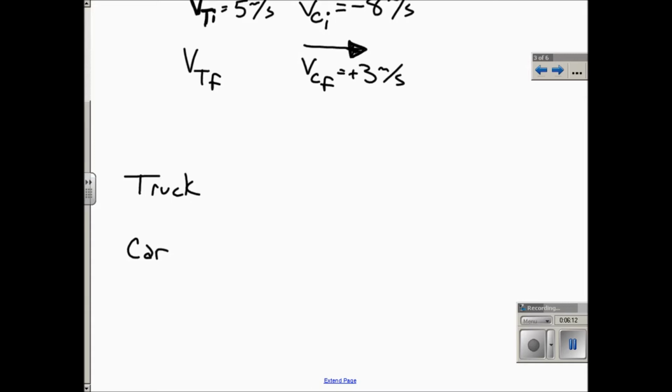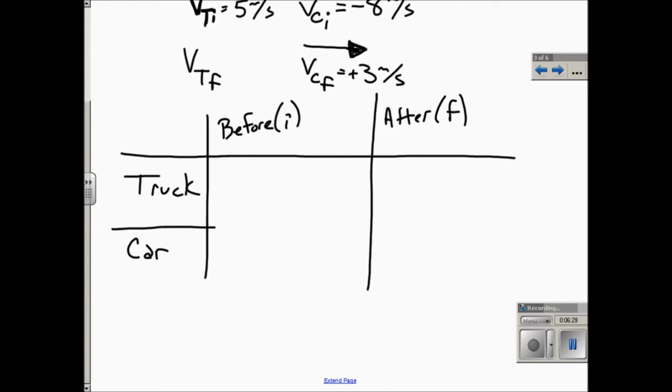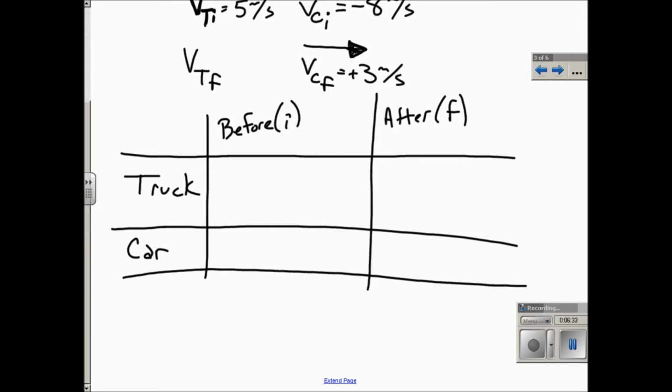Okay, and then what we're going to do is we're going to keep track of their momentum both before, in other words, initially, and after the collision, in other words, final. Okay, and we're going to find the momentum. All right.